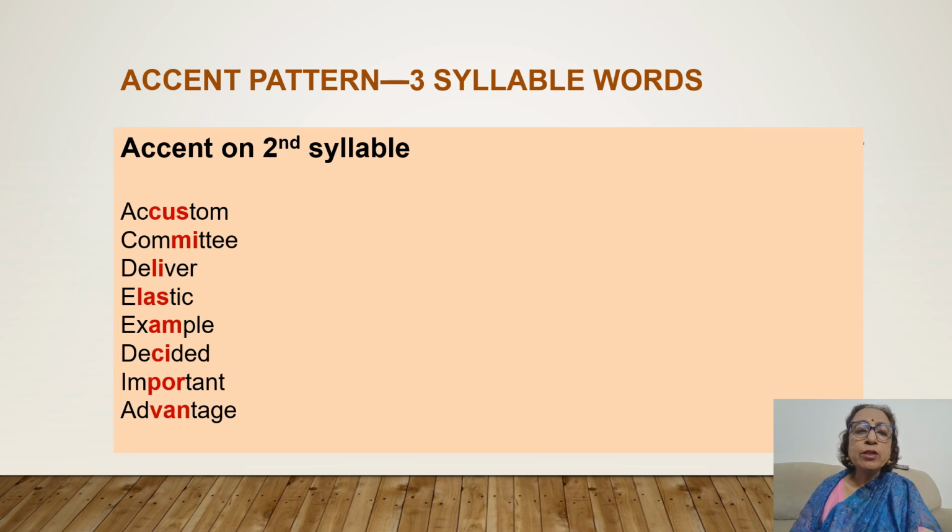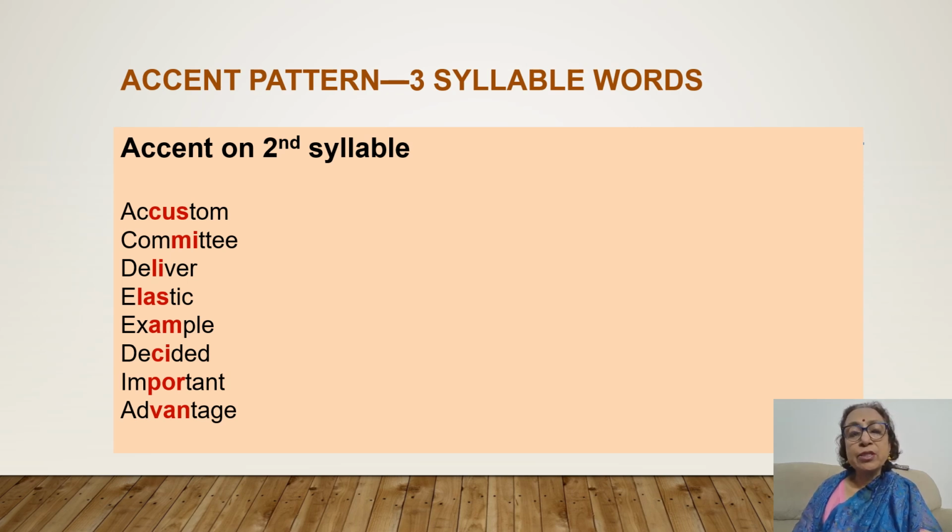Now we move on to the three syllable words which have accent on the second syllable. Look at the words. You have custom. Three forms are there. First syllable, cus, second syllable, tom, third syllable. So you have cus, big tom, small.